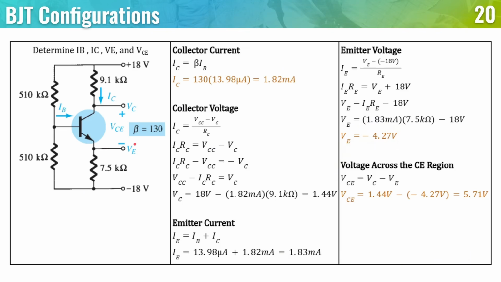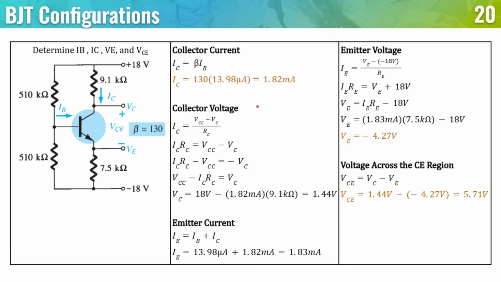Now, you need to check if it's supposed to be negative. So, let's see. Negative 18 volts is going up. Okay. So we're going from a more negative to a less negative, so we're actually going in this direction. So this is correct. It should be negative.